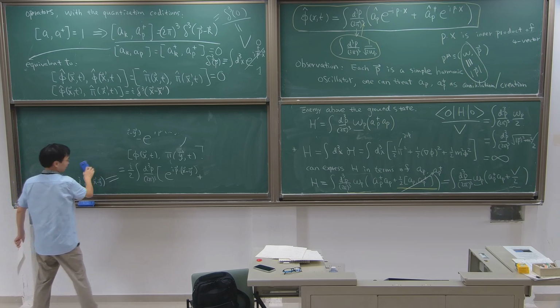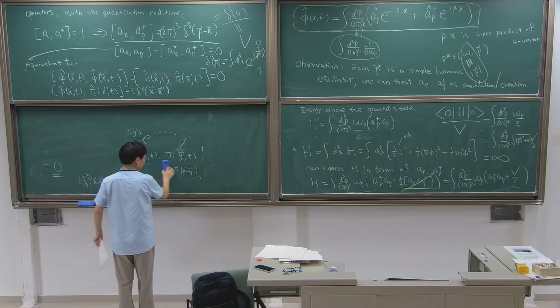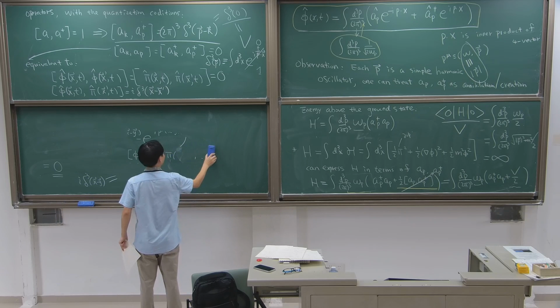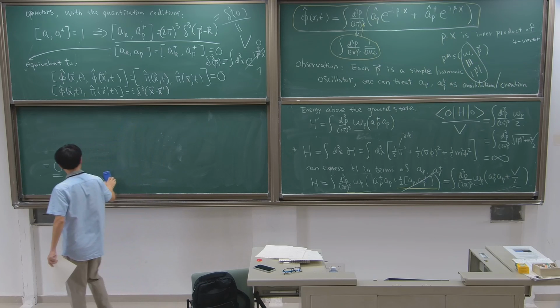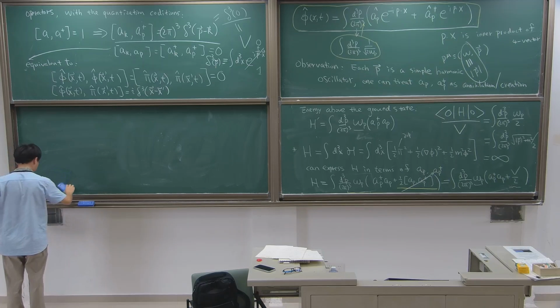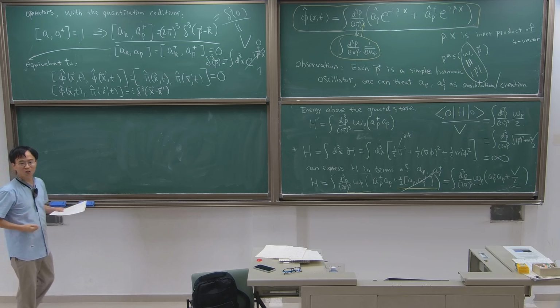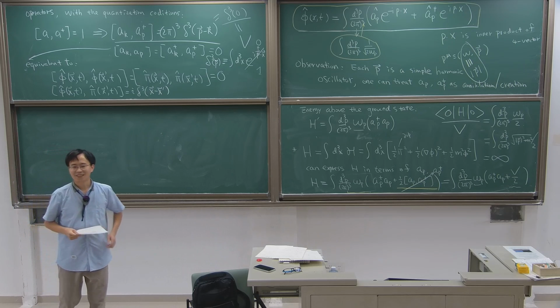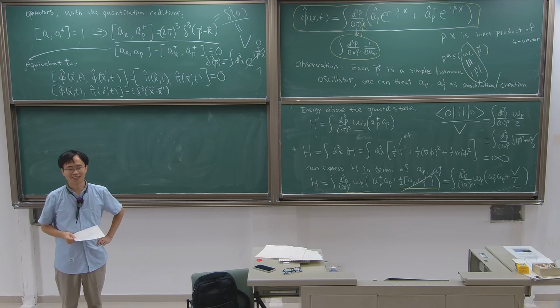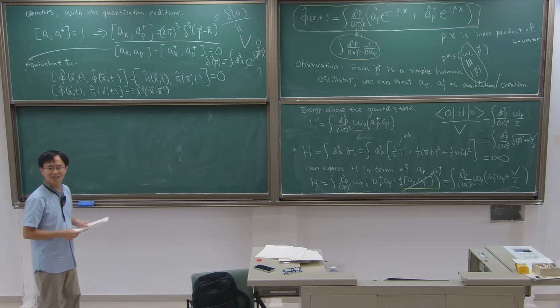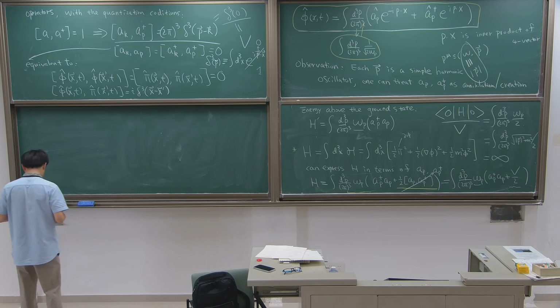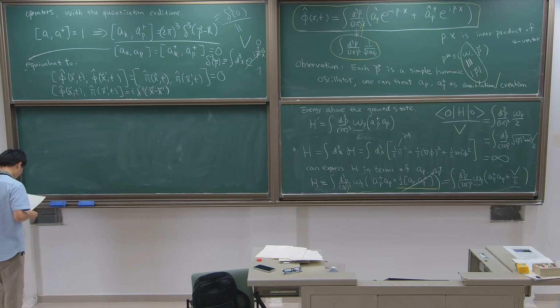So what is the commutator between H and phi? Before we calculate it, we should recall where H and phi come together. It's in the Heisenberg equation.